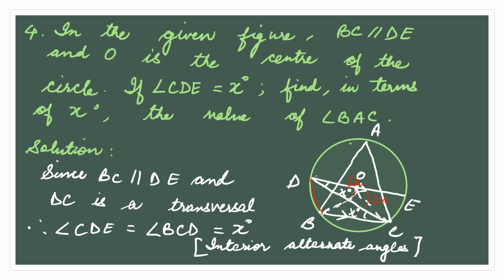So 2x plus 2x plus angle BOC is equal to 180 degree. So what will be the angle BOC? It will be 180 minus 4x. And what will be angle BAC? It will be half of it.